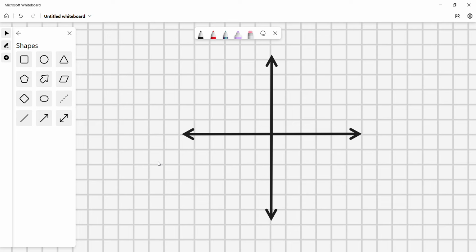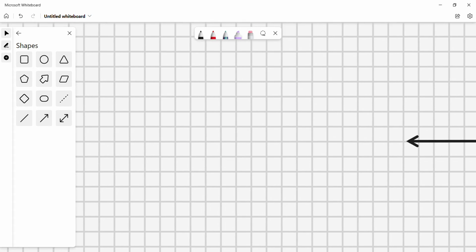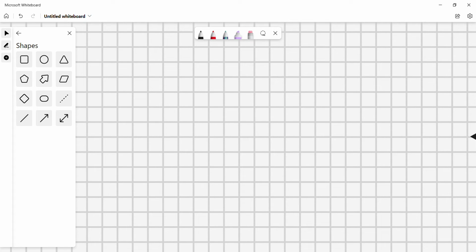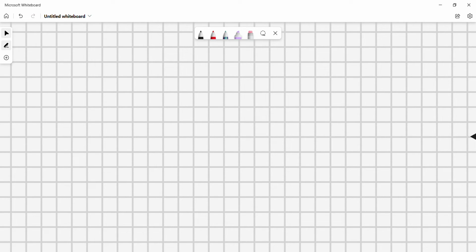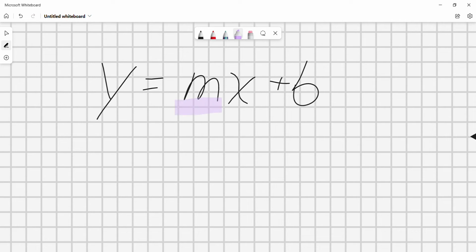For starters, though, let's explore what it means. If you remember, y equals mx plus b. This is slope-intercept form. This is our magic formula. This is where we're going to do a lot of work.